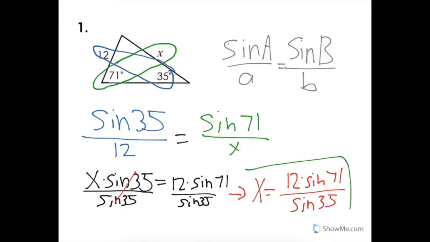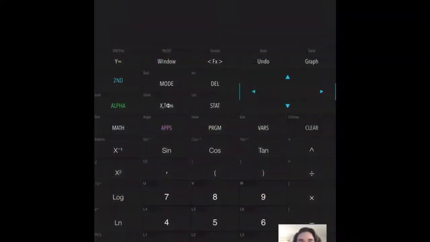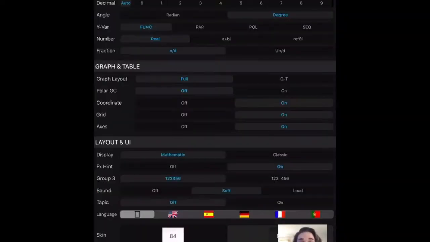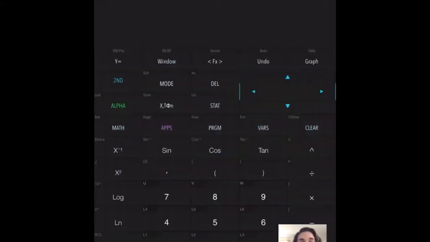And you can put that into your calculator, which I'm going to show you on another slide. Okay, so first you want to make sure you're in the right mode. It has to be in degree mode. So make sure degree is highlighted, and then you can start typing in 12 sine 71. You need that parenthesis there. That's really important. And then divide by sine 35.